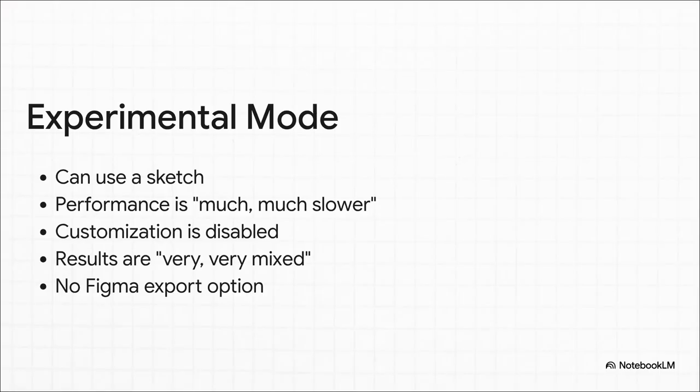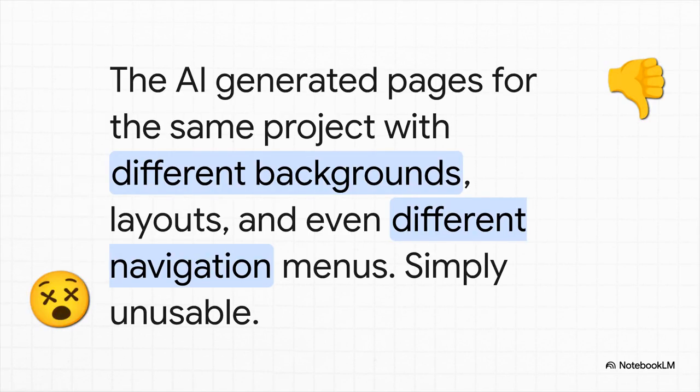Now, the experience here is, well, it's different. You can upload a sketch as inspiration, which is a cool feature, but it is much, much slower. And all the customization options are disabled. There's no Figma export at all. And the results are described as very, very mixed, which is not exactly a ringing endorsement. But the real deal breaker, the thing that makes this almost unusable, is the total lack of consistency.